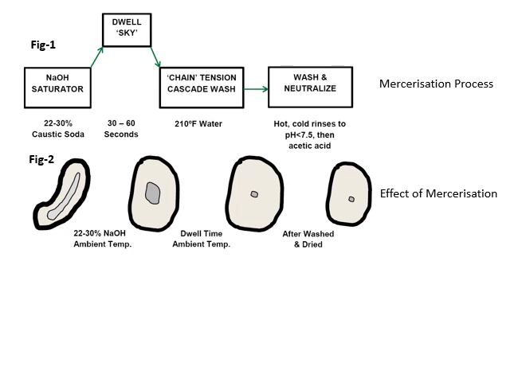Notice carefully the non-uniform, uneven appearance and various shapes of unmercerized fibers. After the dwell time, the shape of the fiber slowly develops, and at the end the fiber becomes more circular in nature.